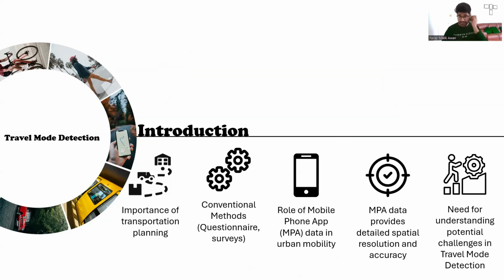However, these challenges associated with conventional methods could be dealt with by using comparatively modern and more popular data sets such as mobile phone app data. These data sets are spatially more detailed and accurate. However, there's a need to understand the potential issues and challenges associated with travel mode detection of the trips detected from mobile phone app data.